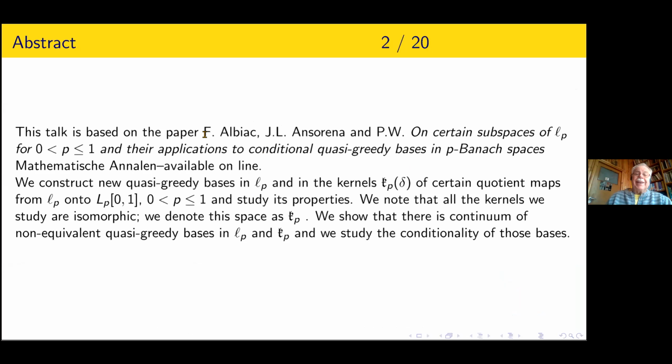Now the whole business of greedy bases and quasi-greedy bases and almost greedy bases and all the other greedy-type bases is this operator. This G_m is called greedy approximation, and it's written as S_A of x, but the set A, which is here, is adapted to the element x.